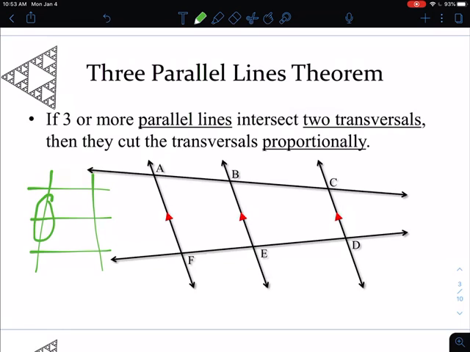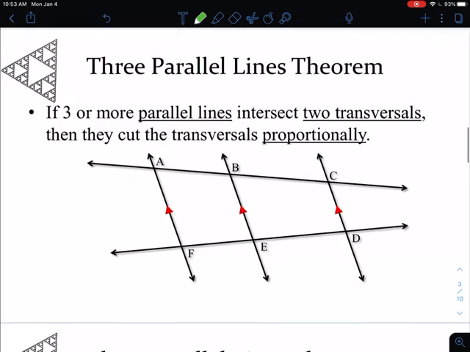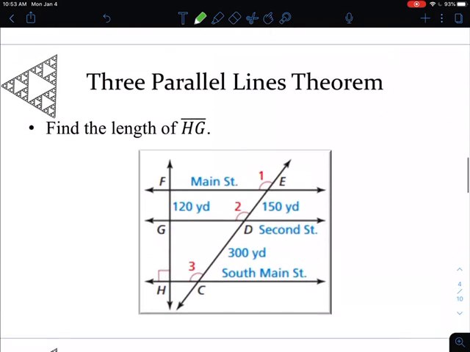I'm still going to take top over bottom equals top over bottom with that situation, or left over right equals left over right as we go through the setup. So that's, again, kind of the main idea, the main pattern that we see emerge within these theorems for today.